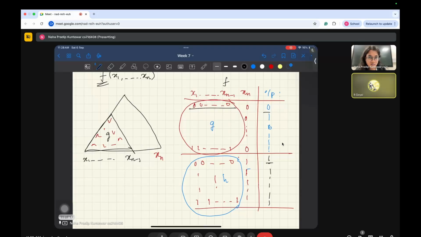But then we don't get a single output of the function f. f is a monotone function, and nothing else is specified about it. The only thing is that it preserves that inequality. I'm just writing random values, some 0 1 string which respects the fact that it is a monotone function.